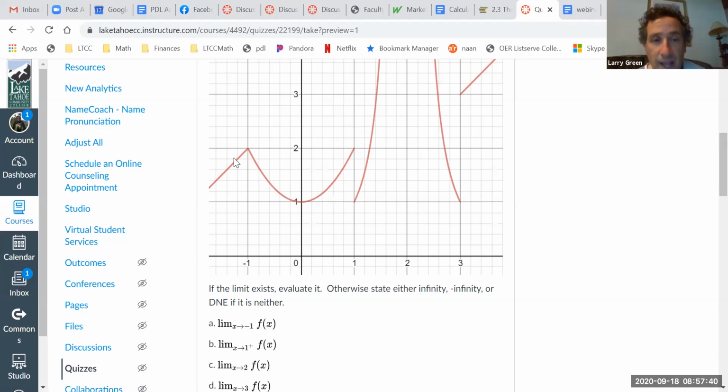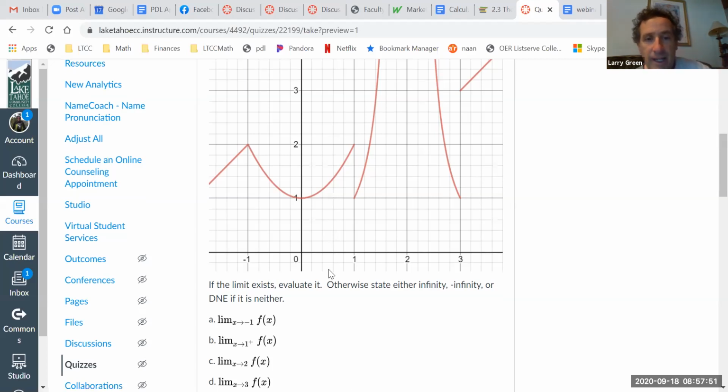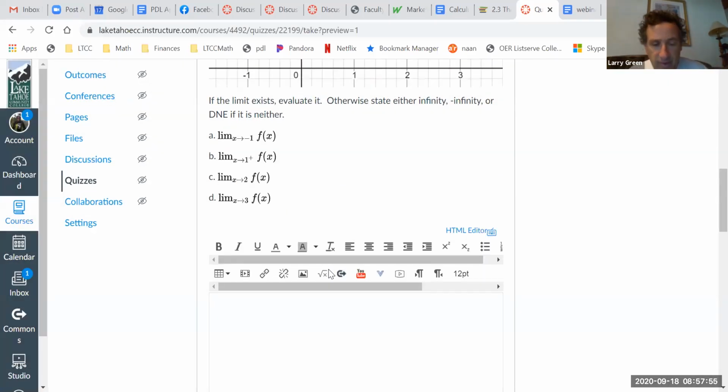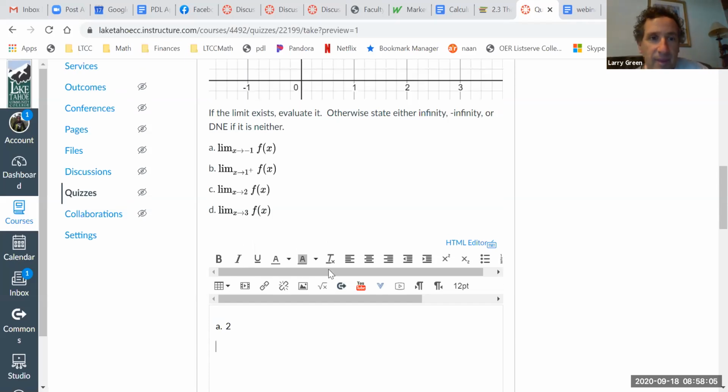Notice if you go from the left or if you go from the right and you work your way towards -1, either way, you go towards 2. So part A is 2. There's not a lot of work to show on these, but that's just the way it is. The next quiz will have a lot of work to show, as you'll see.